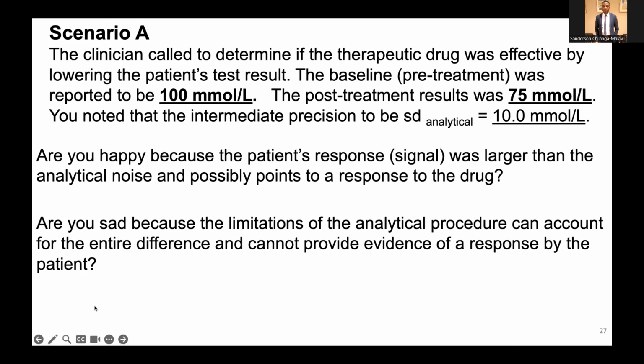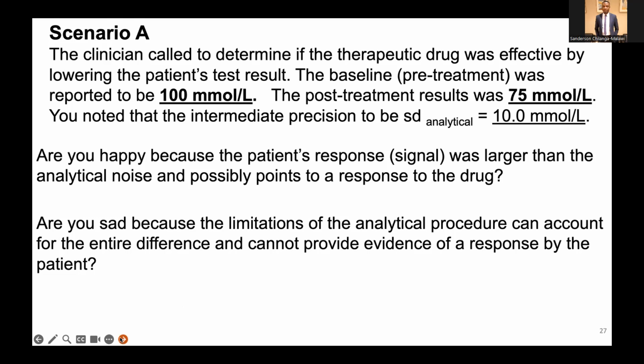So now, calculating the range into which the true value is believed to lie, it is supposed to be between 70 millimoles per liter to 130 millimoles per liter.